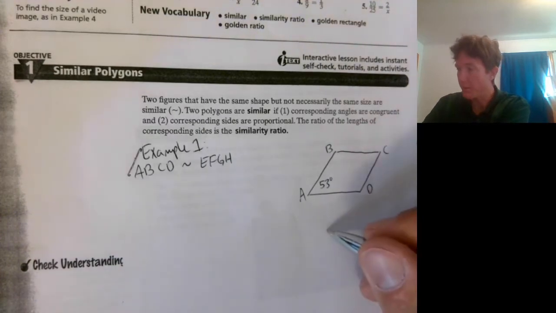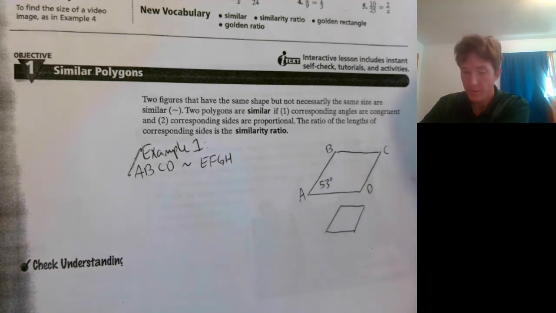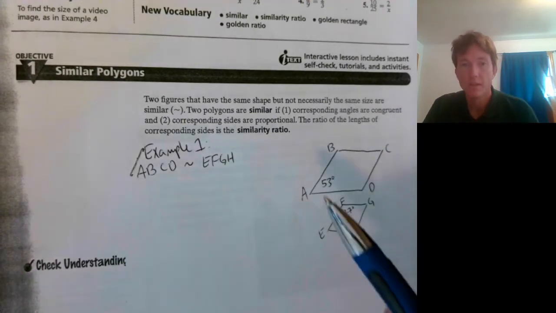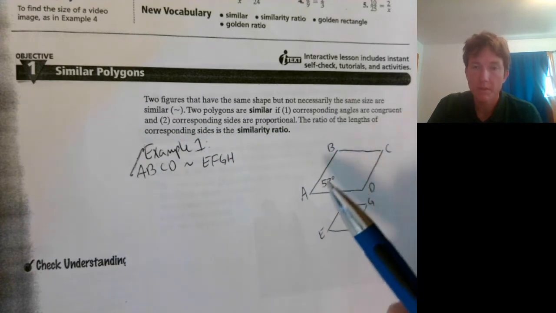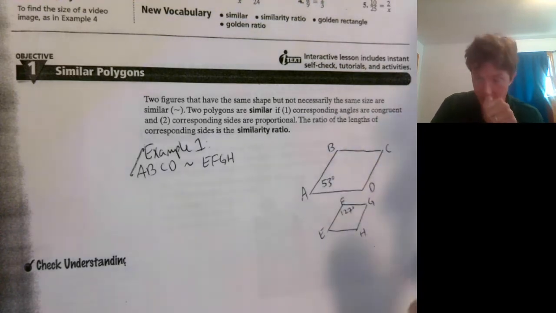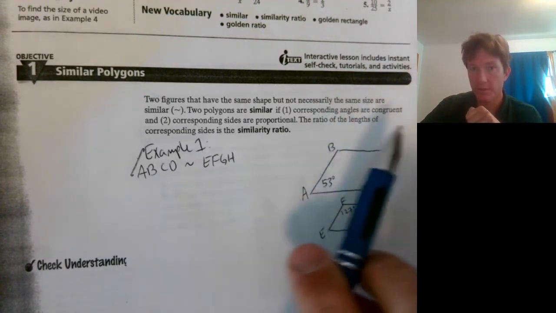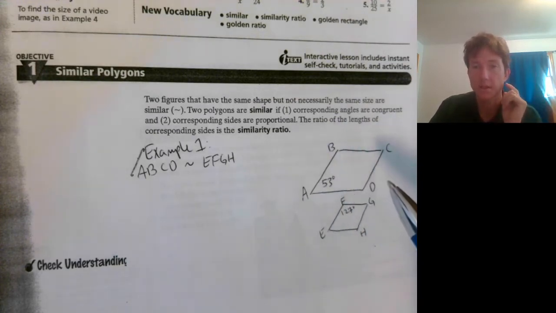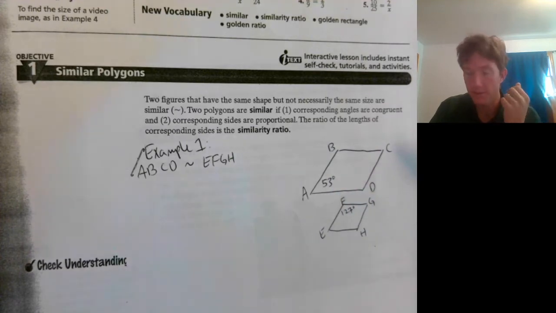And then we have the smaller one, E, F, G, H. This will be 127 degrees. Recall that parallelograms have same side interior angles, so there are 2 corners on each side, so split it into the left and the right. The left side, those 2 corners will add up to 180, and on the right they'll add up to 180, so 53 plus 127 is 180.